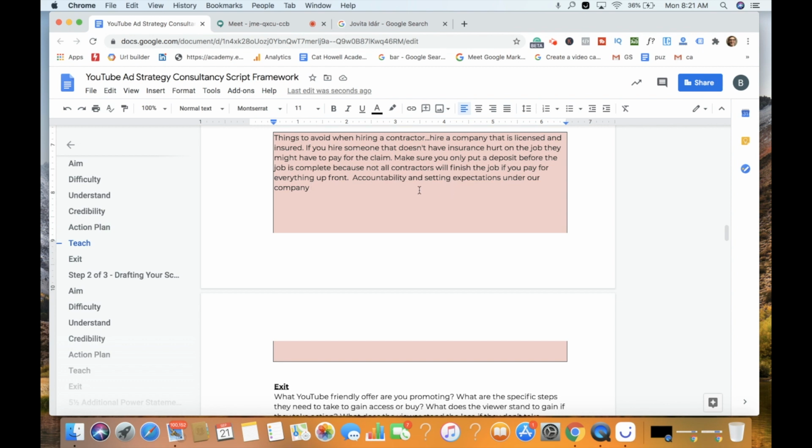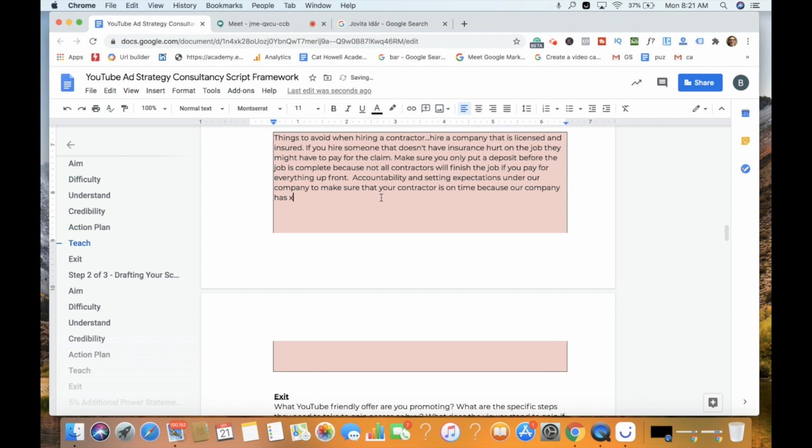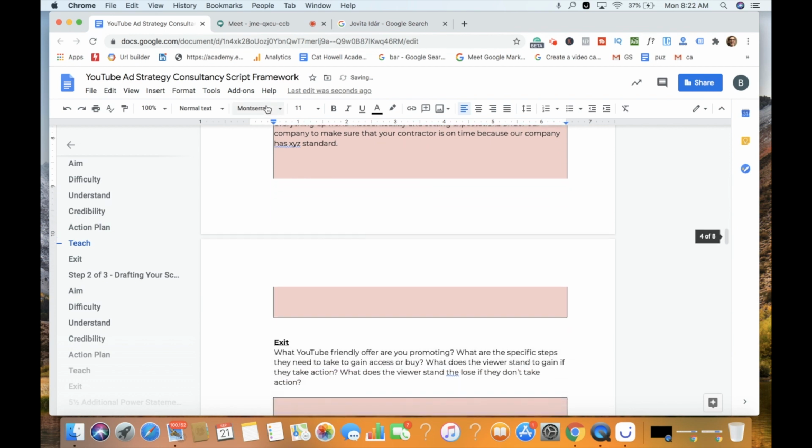So it's accountability and setting expectations in our company, to make sure that your contractor is on time, because our company has XYZ standard, whatever that standard is. You could almost come up with a name for the standard. Yeah. So maybe we title this as a name or policy, company structure.